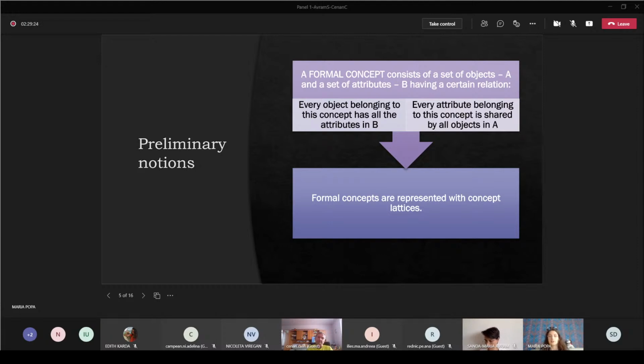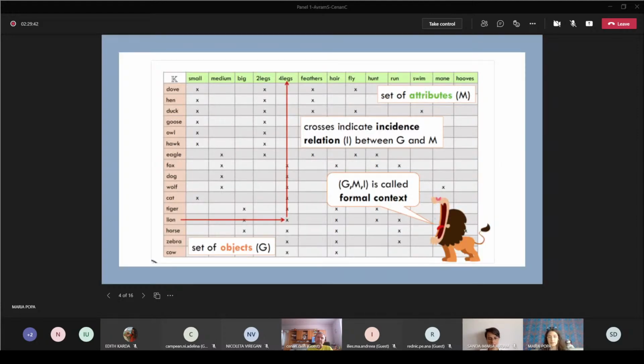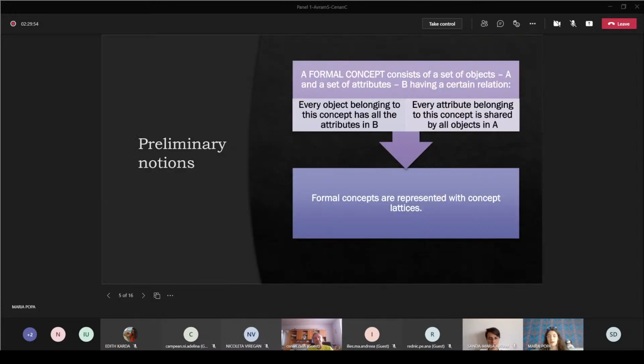Every object belonging to this concept has all attributes in B, and every attribute belonging to this concept is shared by all objects in A. If we go back and look at the table, we can see that the concepts are full rectangles with crosses. If you can build full rectangles with crosses, you get a formal concept. But how do we represent this? We represent this with concept lattices, and we'll see what they look like.